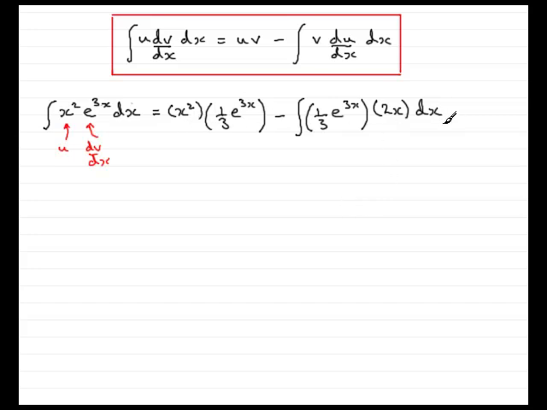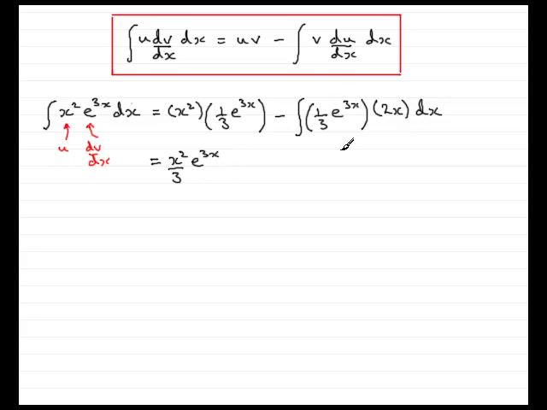So I've done my integration by parts using the formula here. What I next do is to simplify now each of the two terms. So the first term could be written now as 1/3 x squared e to the 3x, or if you like, x squared over 3 e to the 3x.